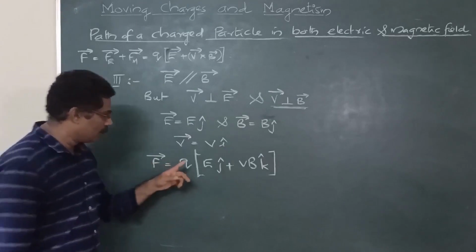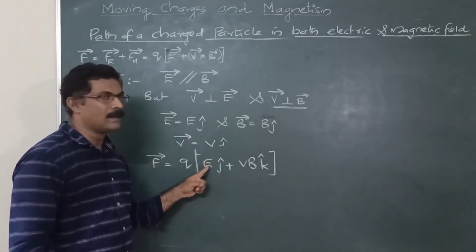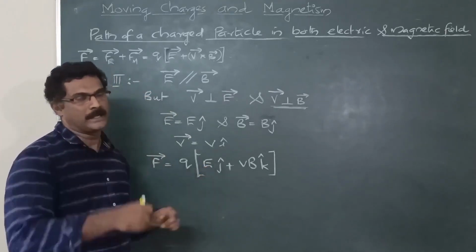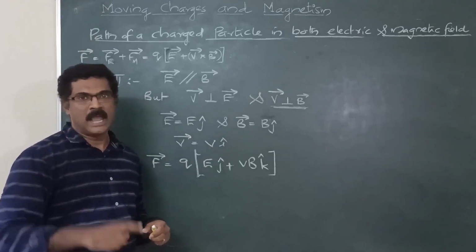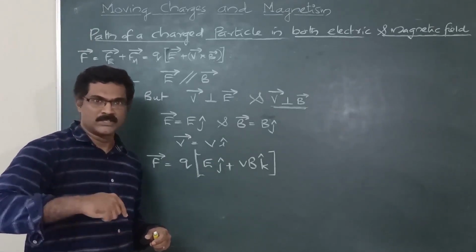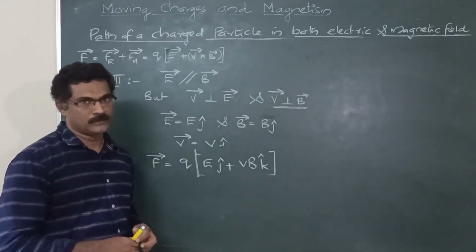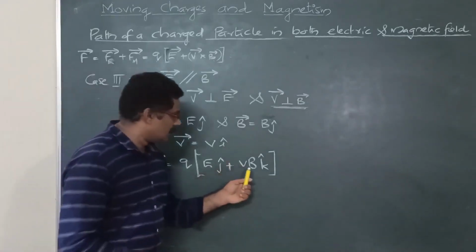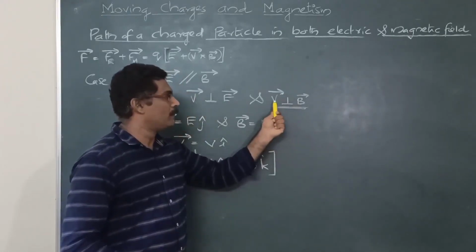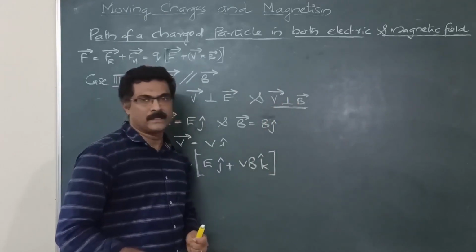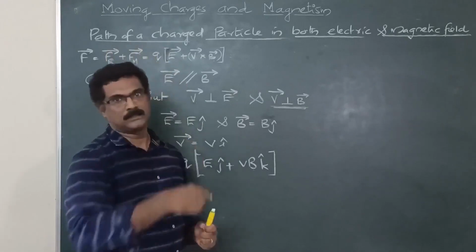Now my question: because of this electrostatic force, the charged particle gets accelerated along the y direction. So along the y direction there is an acceleration, and the particle describes a straight line motion with a change in velocity. And because of the magnetic force, since the particle is moving perpendicular to the magnetic field, the particle should describe a circular path.